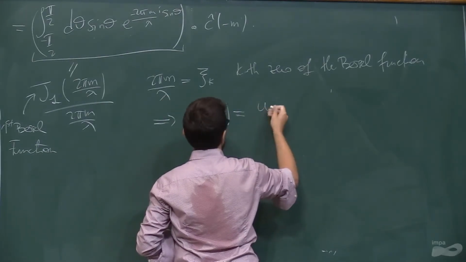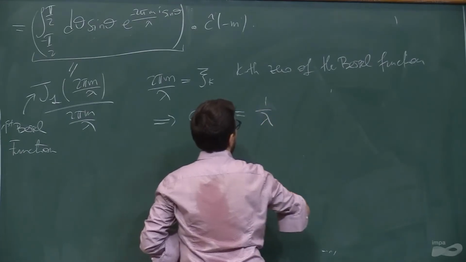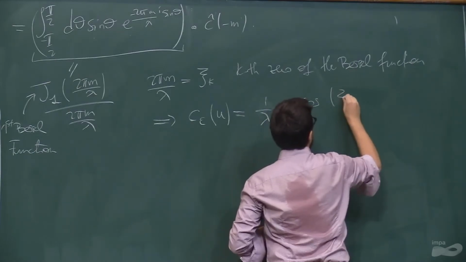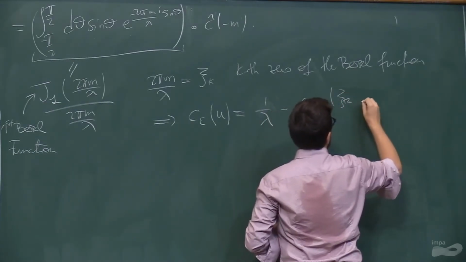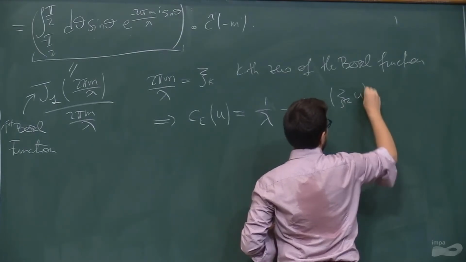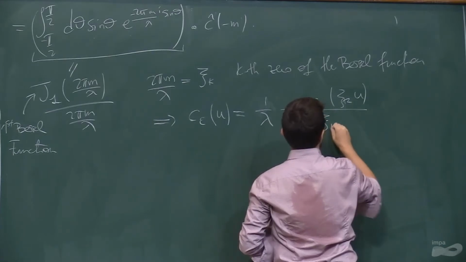This is 1 over lambda minus cosine psi k u over psi k.